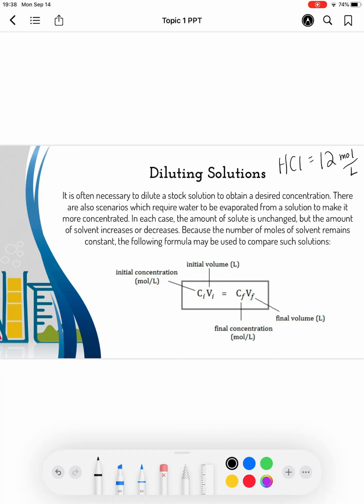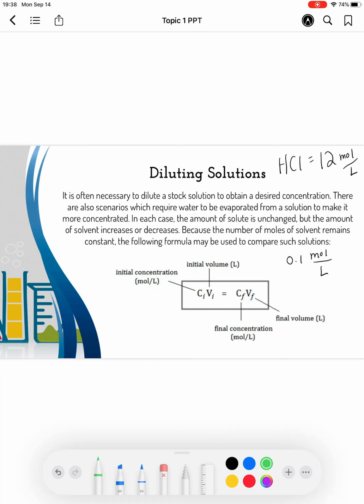So that's a really, really high concentration, and maybe in a lab we only need 0.1 moles per liter. So using this formula that we have here, we can actually calculate how much of that 12 moles per liter solution we need to make a really small amount of 0.1 moles per liter.